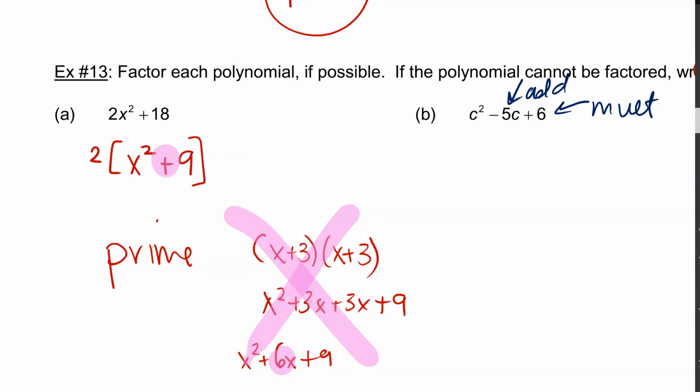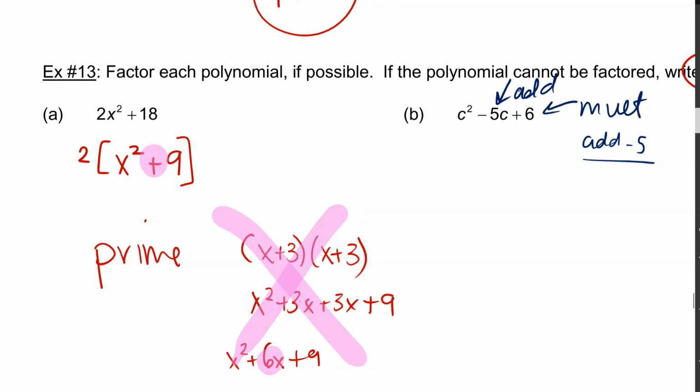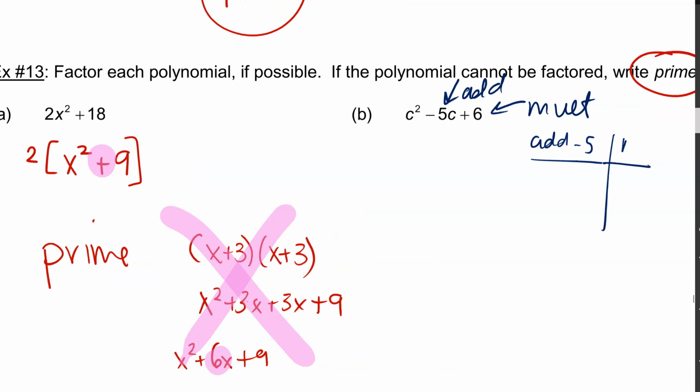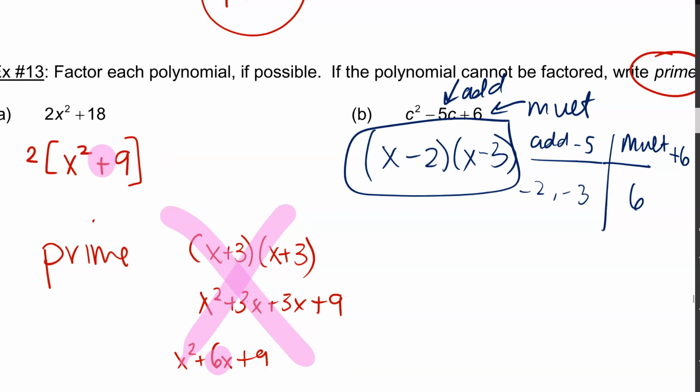So I'm trying to explain why we have two negative numbers: we're adding to -5 but multiplying to +6. When you multiply to a positive number, you have either two positives or two negatives, and adding to a negative means both are negative. So I have -2 and -3, which multiplies to +6. So I have x minus 2 times x minus 3. It just wants us to factor, and we're good.